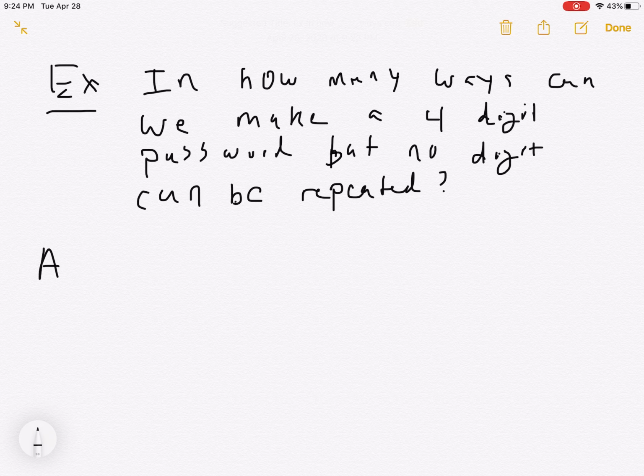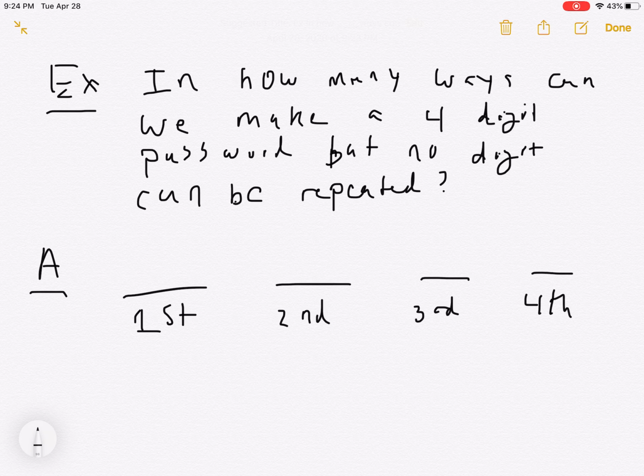Well, it's again going to be very similar to the last answer, but we're just going to modify it slightly. And remember, the counting principle says we're going to multiply all these outcomes together. So for the first digit, we can do this in 10 ways. And when we get to the second digit, we chose one of the 10 digits for the first one, so there's only 9 that we can put down for the second.